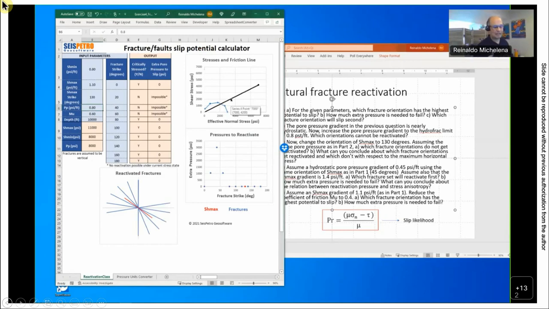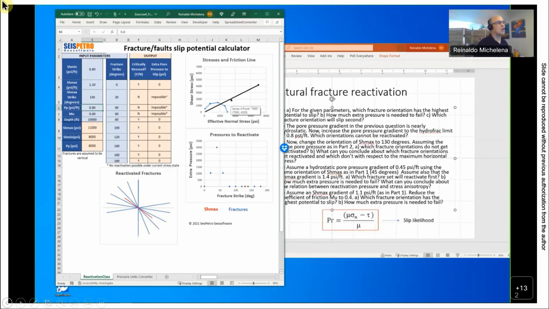But if you have the ability, or the resources, or access to a lab that can confirm what is my friction coefficient in my area, that is something that has to be tested. Sometimes, as I said, we always have to be aware of clay content.